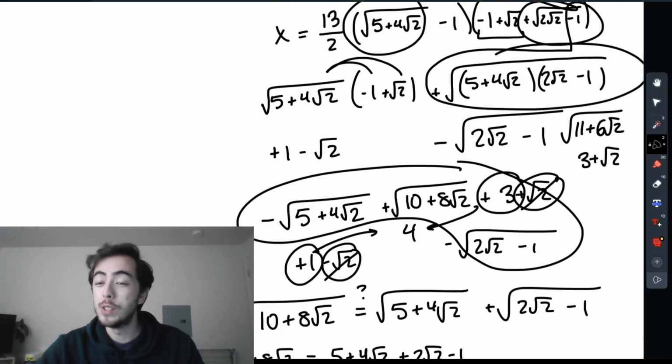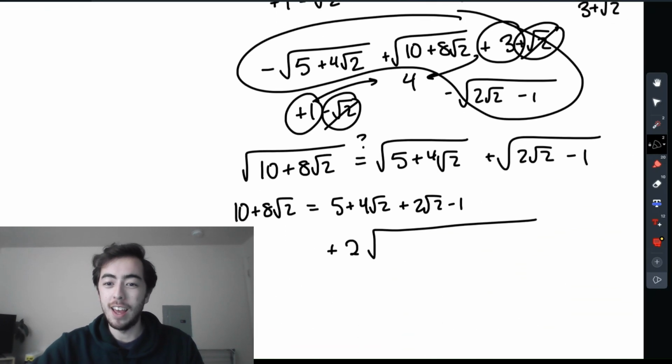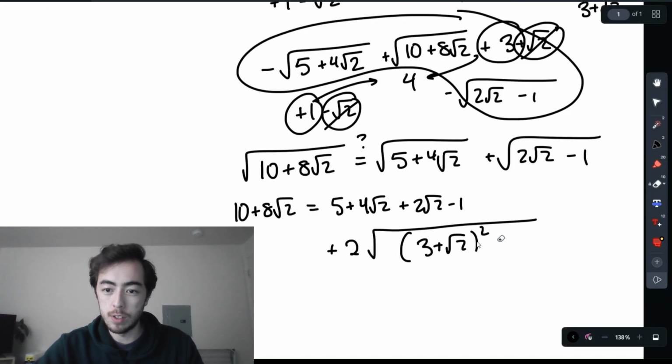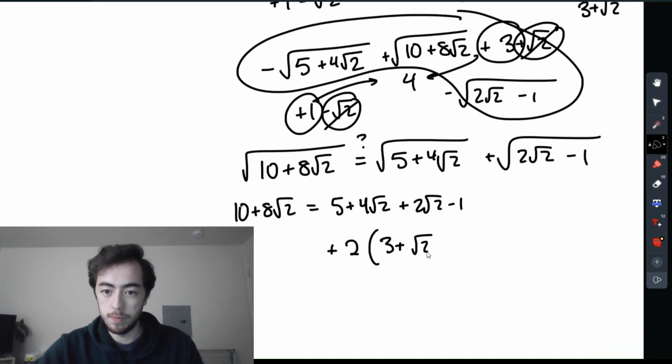Wow, okay. So this interesting cancellation of the square and the square root shows up again. And this square root sign cancels with the square that we get here. And so we just get 2 times 3 plus root 2. So hopefully the left side and the right side are the same.